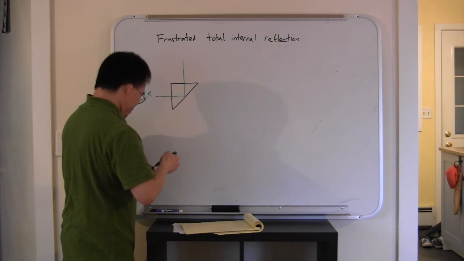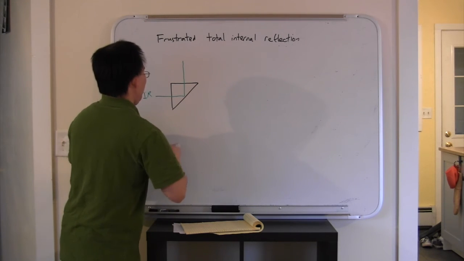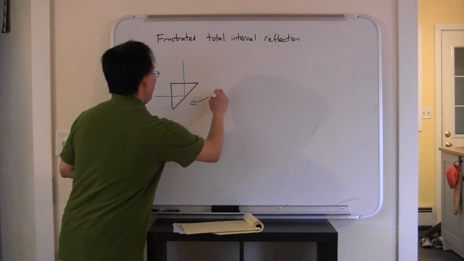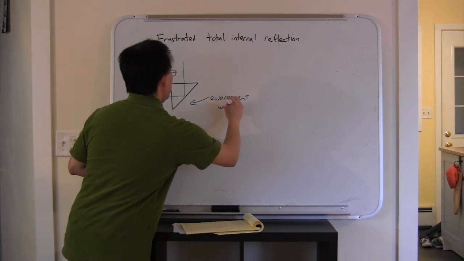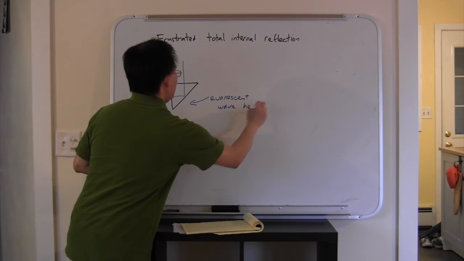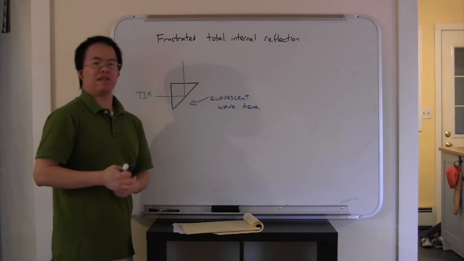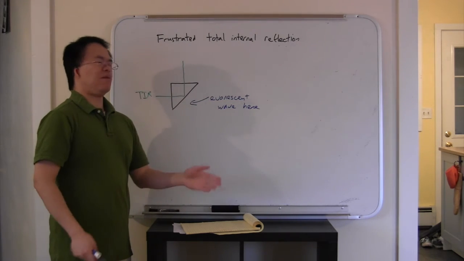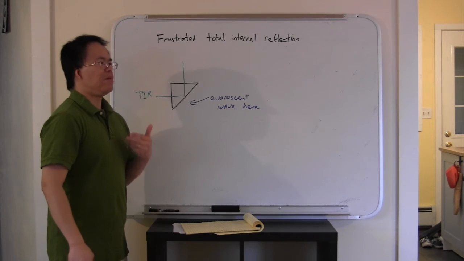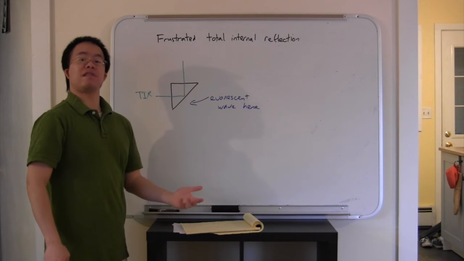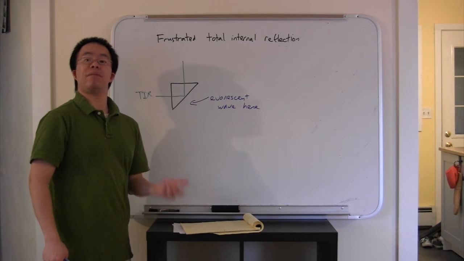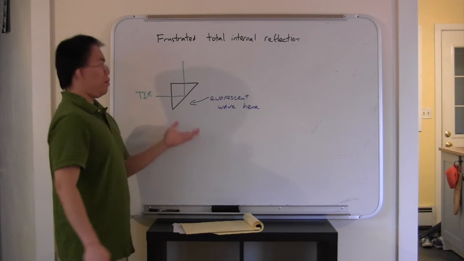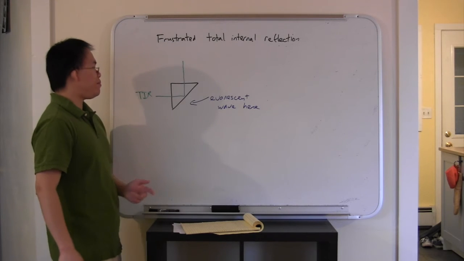And so it decays exponentially, kind of like what we had with the wave function in the classically forbidden region, either in the analysis of scattering from a potential step or tunneling through a barrier.